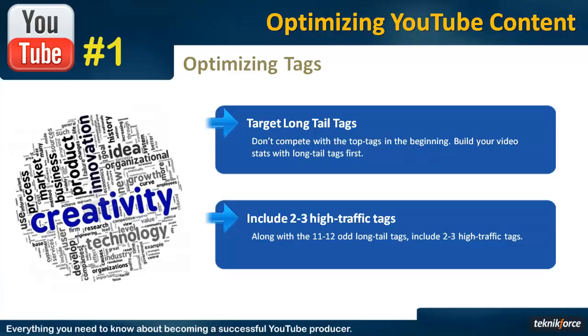So once your videos are ranking for the long tail tags, and you are already getting views, you're already building up the stats, the likes, the dislikes, the comments, the favorites, and every other stat possible, your video will start climbing. It will start becoming more valuable, and when you target the more competitive tags later, it will start appearing higher up on the search results.